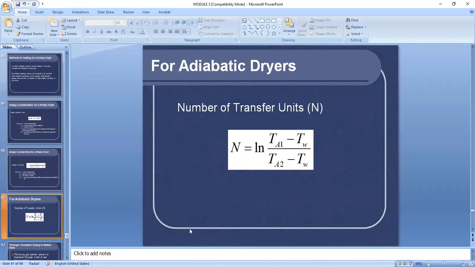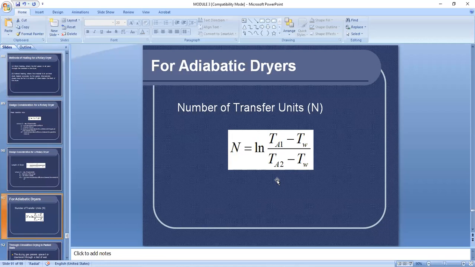Now, we also have for these adiabatic dryers the number of transfer units. If you're wondering what this T_A1 and T_A2 are, the A here represents air, the temperature of the inlet air and outlet air for 1 and 2 respectively. Now, McCabe uses a different representation. Same thing with Geankoplis, please. So please check what the representation is in those two books.